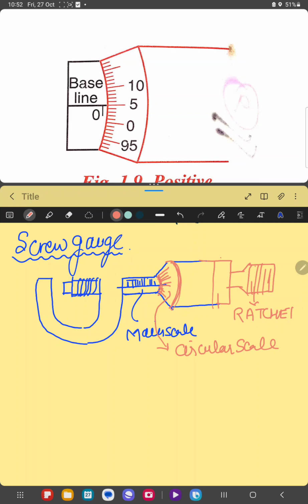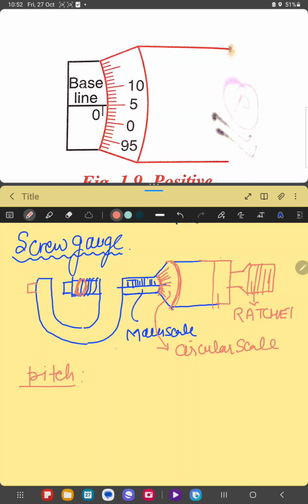This is the structure of the screw gauge. Once we rotate it, each and every groove rotates. So there is one term called pitch.